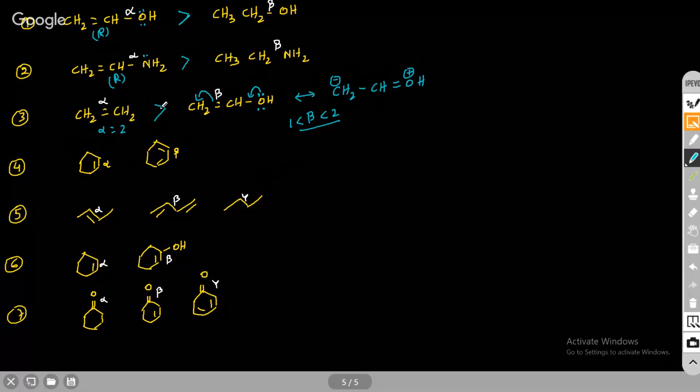Now in this case, you are comparing alpha and beta here. This alpha value is 2 because there is no resonance, but beta is again between 1 and 2. Alpha is more than beta, correct? The value of alpha here, again, is 2.